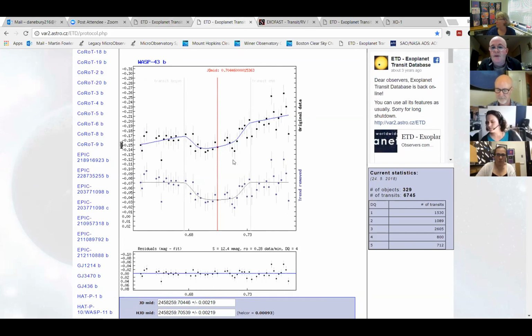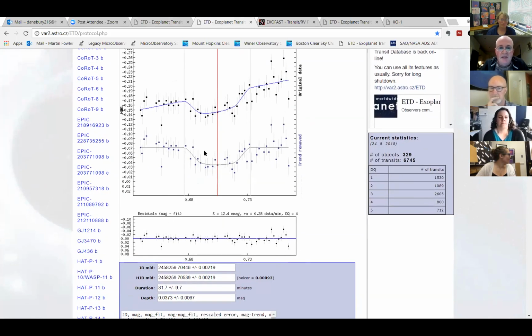It's called the air mass, the thickness of the atmosphere you're looking through. So this is quite good because there is, I think people probably agree, a reasonable transit apparent here. There are some outliers, and we've had the discussion as to whether you include them, or can you delete them.